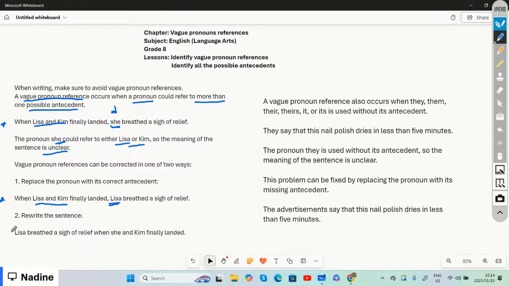If we rewrite that sentence, it says, Lisa breathed a sigh of relief when she and Kim finally landed.